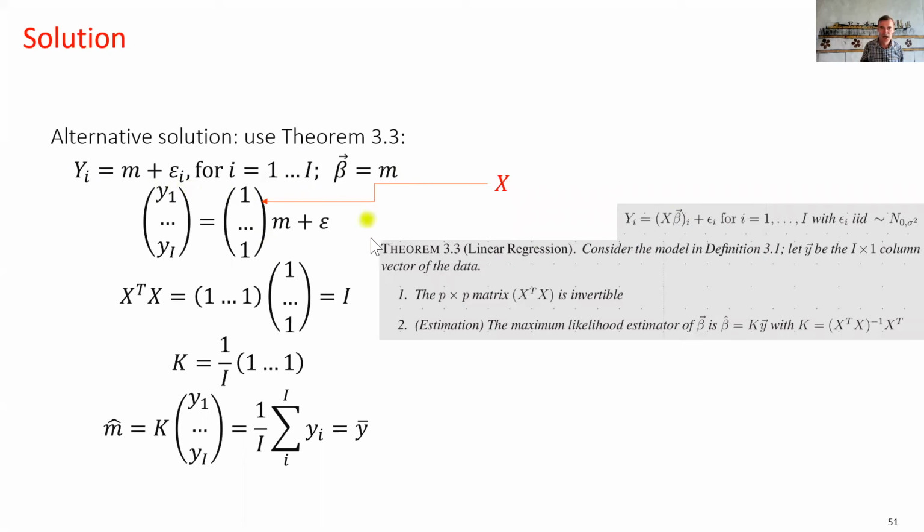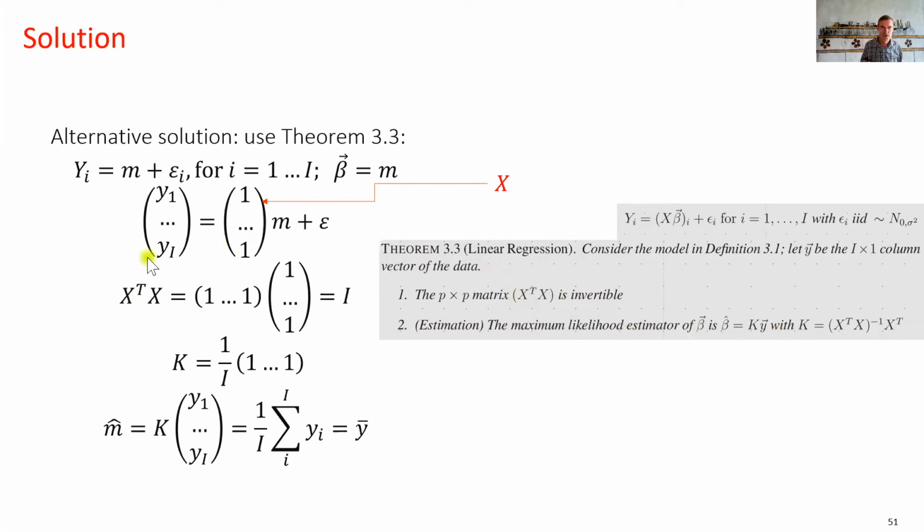So here is the matrix explanation of this model. The column vector of all the y is equal to a column vector of ones times m plus epsilon, a vector of epsilons. So this is the model. I apply the textbook solution. I need to compute X transpose X and this K matrix.